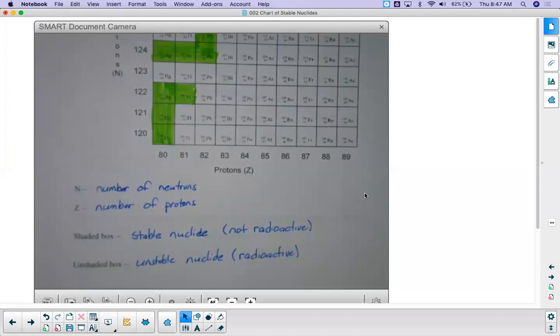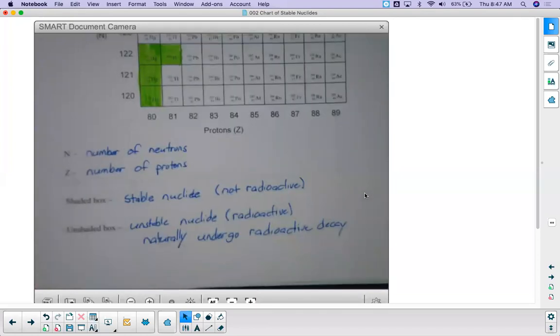Something that is radioactive or an unstable nuclide will naturally undergo radioactive decay. It will eventually fall apart.